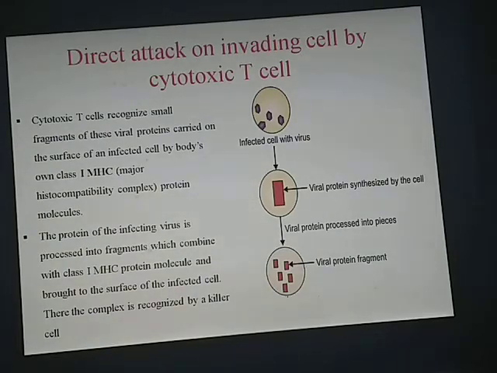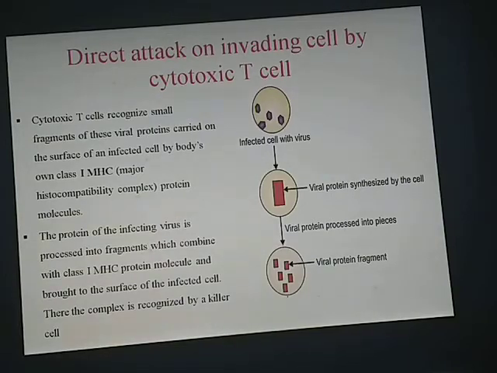The cytotoxic T cells recognize small fragments of viral proteins carried on the surface of the infected cells by the body's own class 1 major histocompatibility complex protein molecule. The protein of the infecting virus is processed into fragments, or broken down into fragments, which combine with class 1 major histocompatibility protein molecule and are brought to the surface of the infected cell.